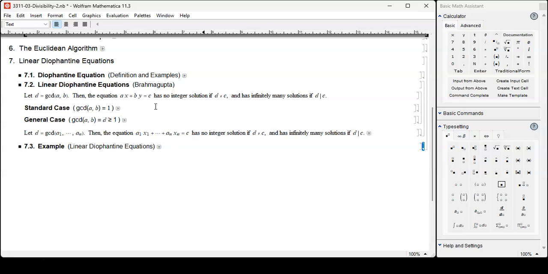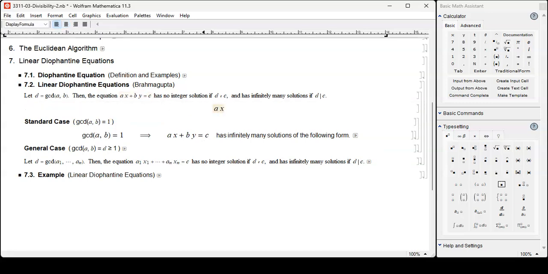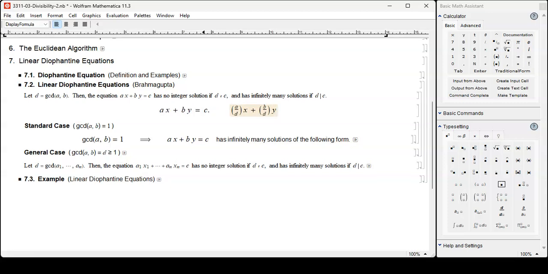Not only that, we can go one step further as a matter of fact. If we have GCD 1, or even if you start from here, ax plus by equals c, even if we start from here, if we divide everything by d, this can be a over d, which is an integer, and b over d, that too is an integer, and that's c over d. What do we have?